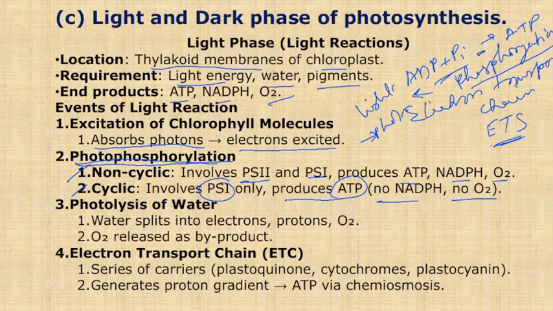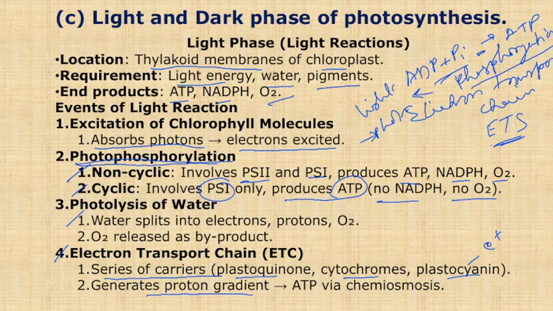As we have discussed, photolysis of water is taking place inside photosystem 2. Then a series of carriers like plastoquinone, cytochrome, plastocyanin will carry the electron from PS2 to PS1. These are known as electron carriers, which in return create a proton gradient.